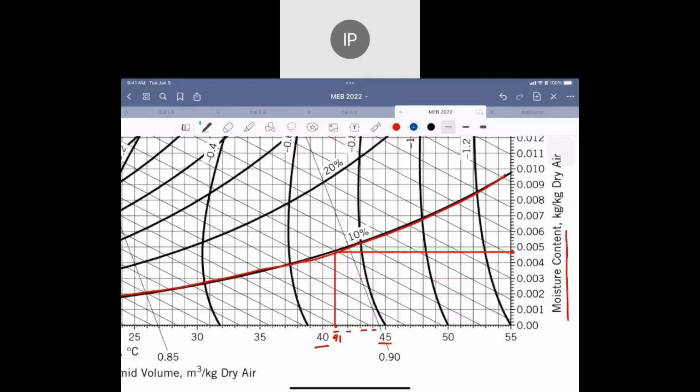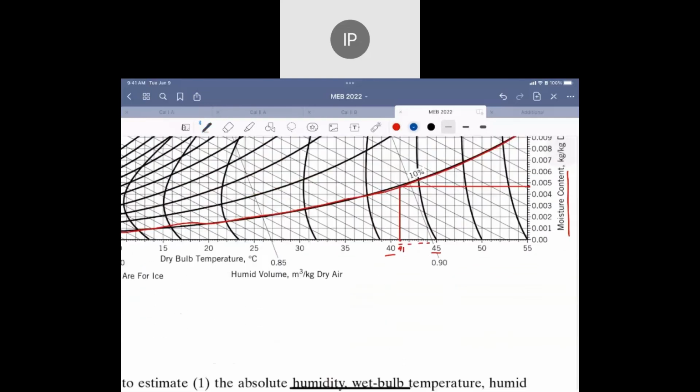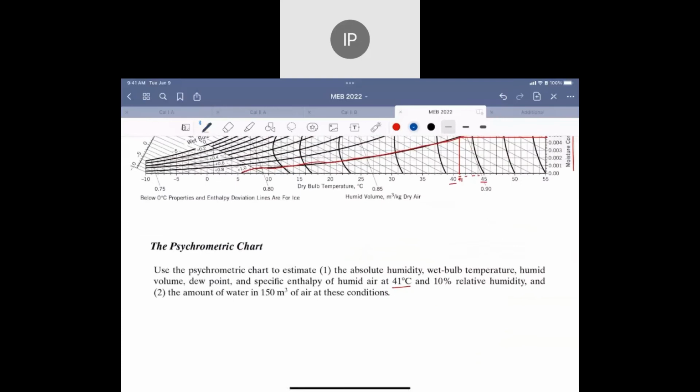So you could say, with some simplification, that the humidity ratio, or absolute humidity, HA, is 0.0048 kilogram of water over kilogram of PA.